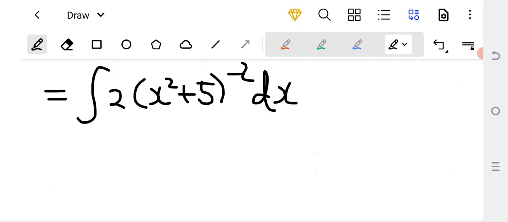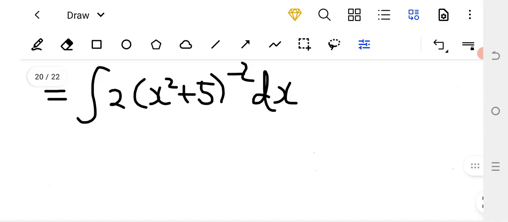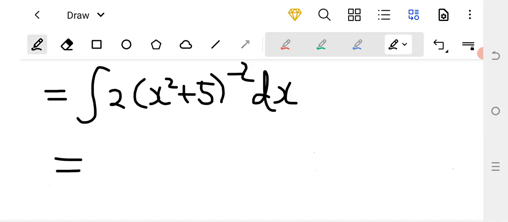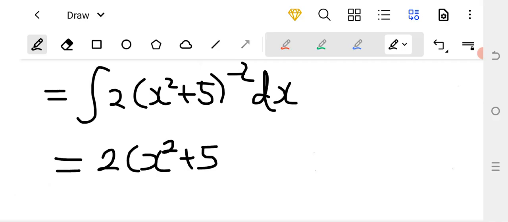How do we integrate this? We integrate normally. What do we do? We add a 1 to the power. Okay? So since we're saying we add a 1 to the power, it's going to become 2 multiplied by x squared plus 5, right, to the power negative 1.